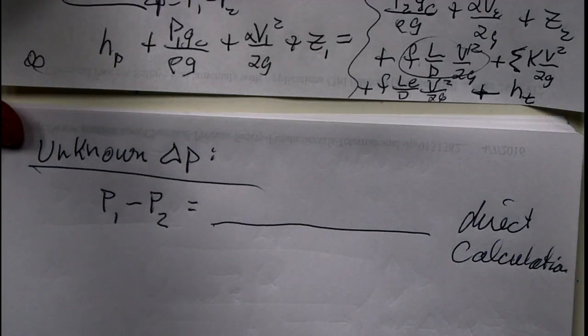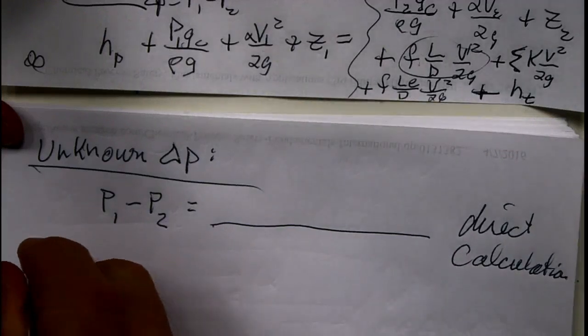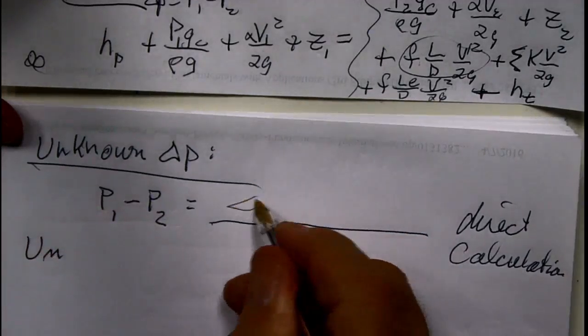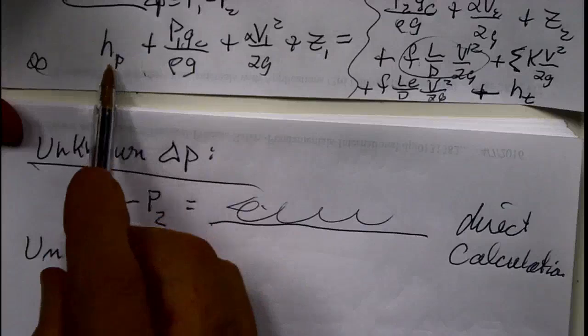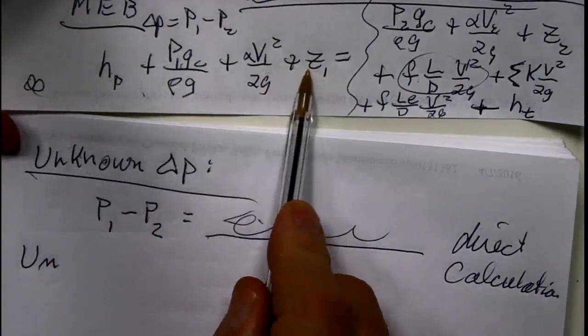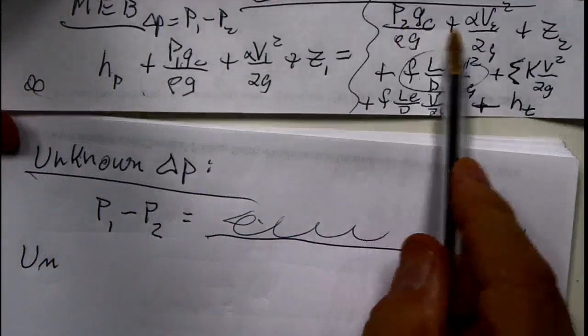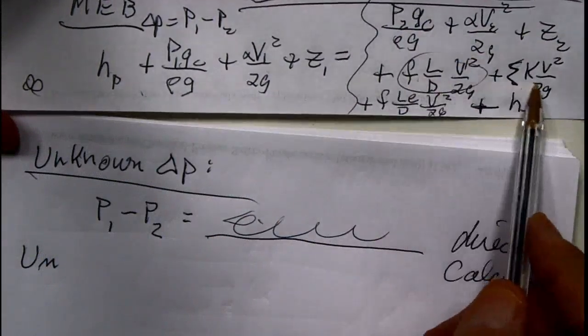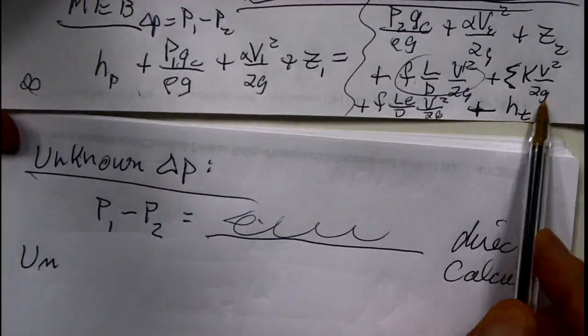Now, unknown length, right? This will be some sort of number. It's the collection of the pump head, velocity head, velocity head at the exit, and all these frictional terms involved.